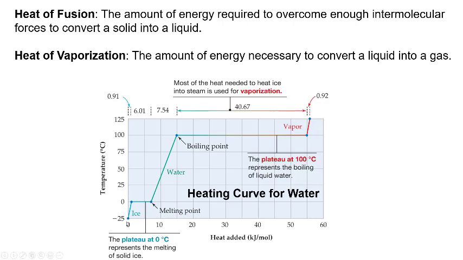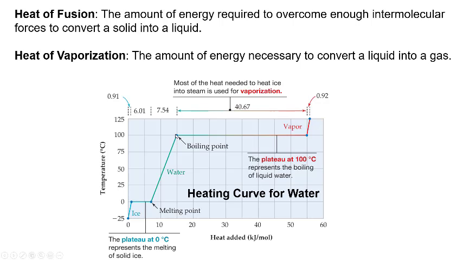So we see when we add heat to a block of ice, we can steadily increase the temperature, but then the temperature maintains the same value during the entire amount of heat added to melt that ice into liquid water. Okay, so if you have a mixture of ice and water together, that ice and water should be held at 0 degrees Celsius. And then as we continue to add heat, we can see a linear increase in the temperature of our water until we reach 100 degrees Celsius, where that water begins to boil.